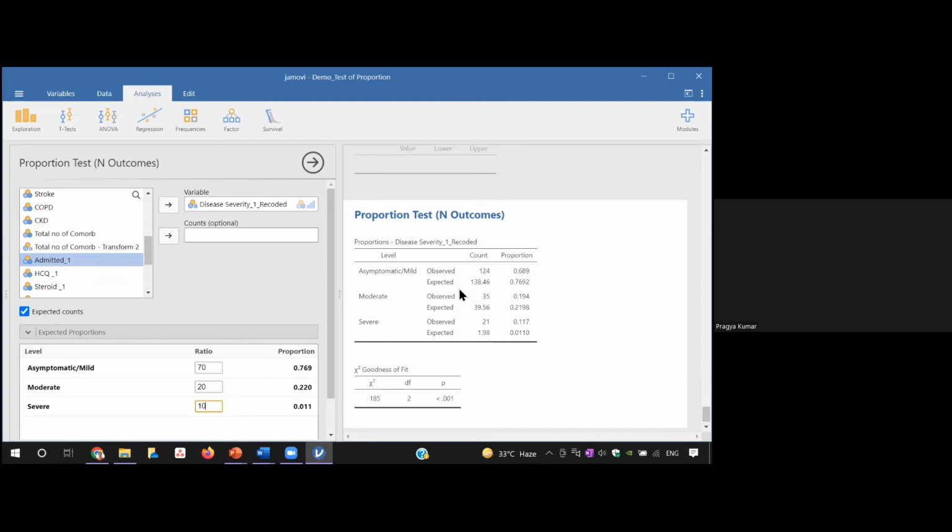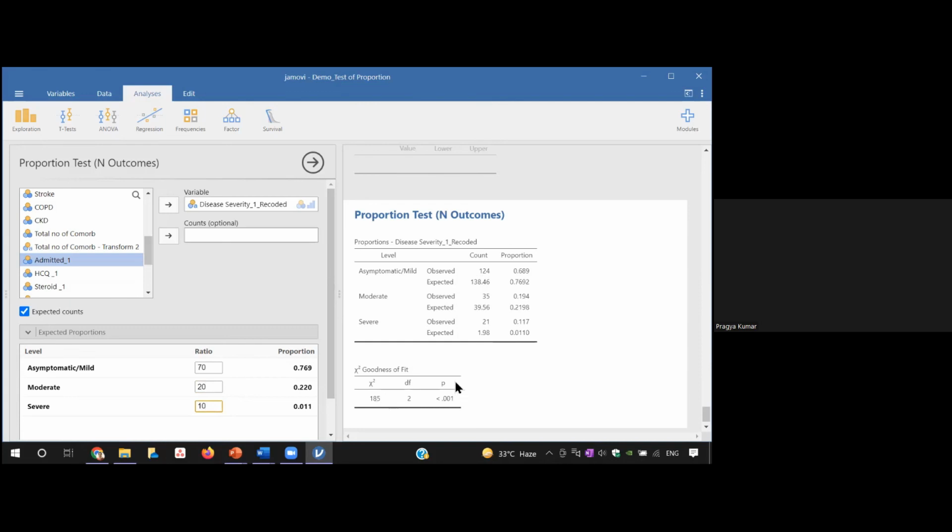In this case, you can see here the expected frequency. In one cell, the expected frequency is 1.98. So you can say that one cell has an expected cell frequency less than 5, but in all the other two, the expected cell frequency was more than 5.